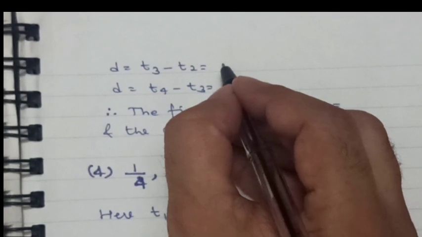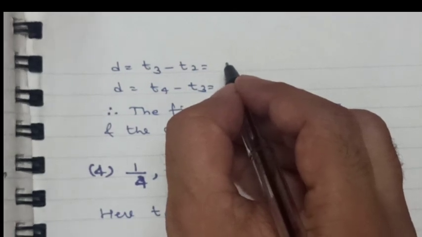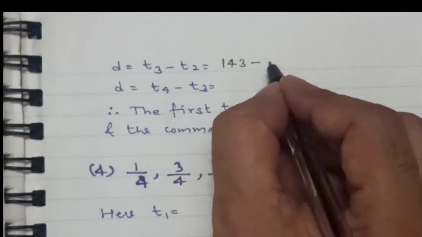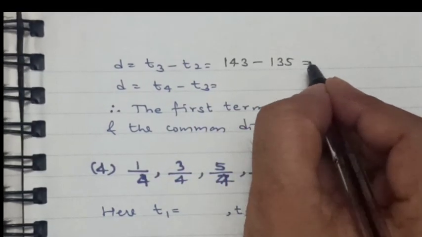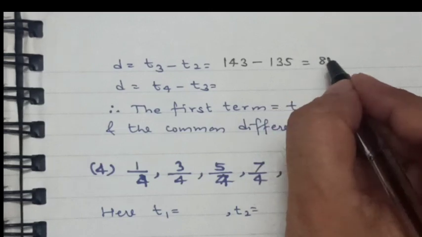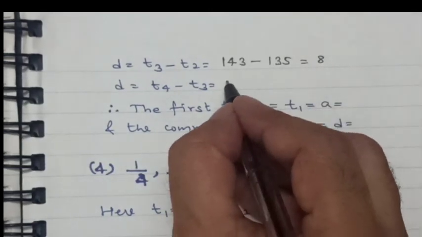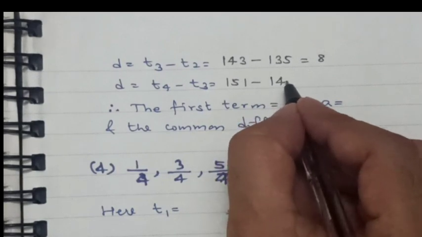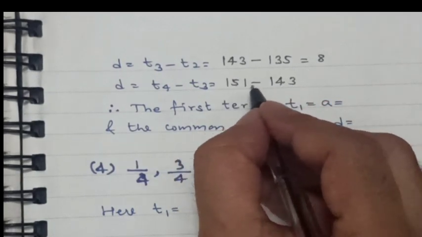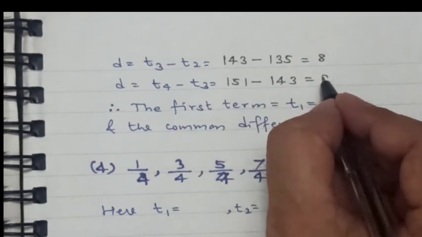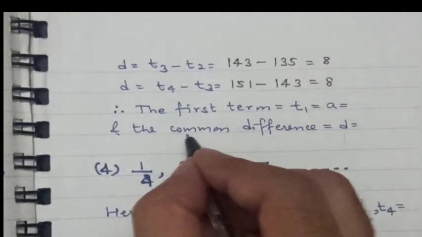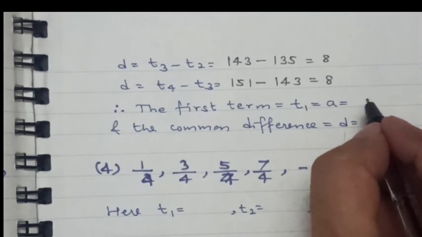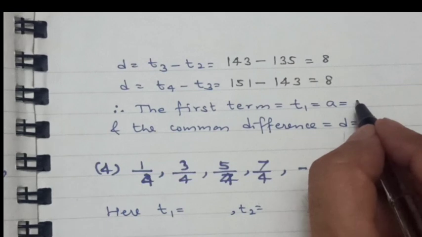Same way T3 minus T2, your T3 is 143, T2 is 135, so 143 minus 135 is equal to 8. T4, which is 151, minus T3, which is 143, so 151 minus 143 is equal to 8. So your common difference is equal to 8, whereas the first term is A is equal to 127.